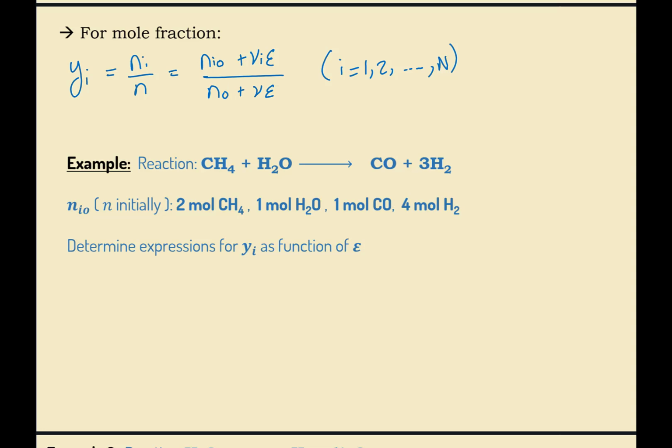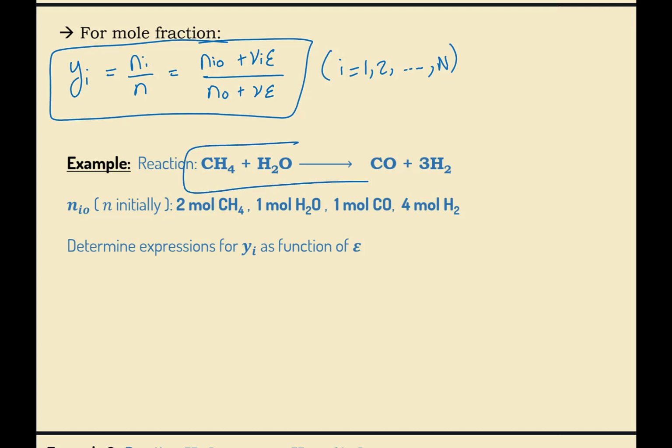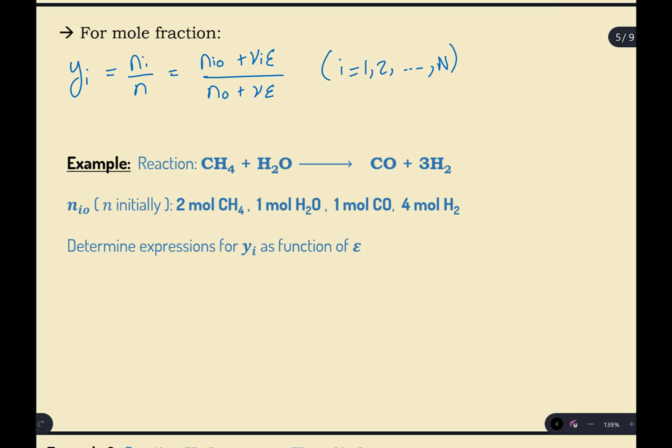So now, essentially what we're going to apply is this here for every species in my reaction. To apply that, we want to find what is my total number of moles initially, and what is the sum of the stoichiometric numbers. So epsilon will stay as epsilon, since we're coming up with an expression as a function of epsilon.